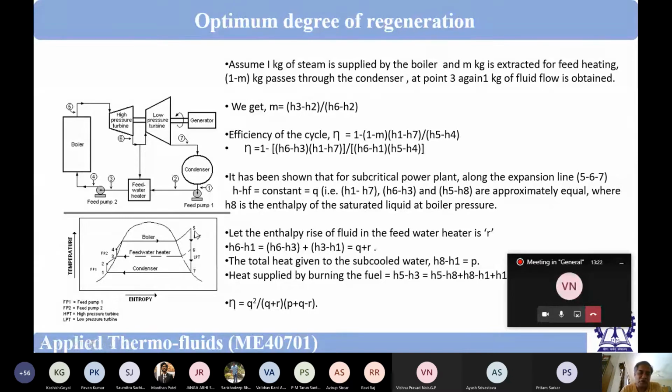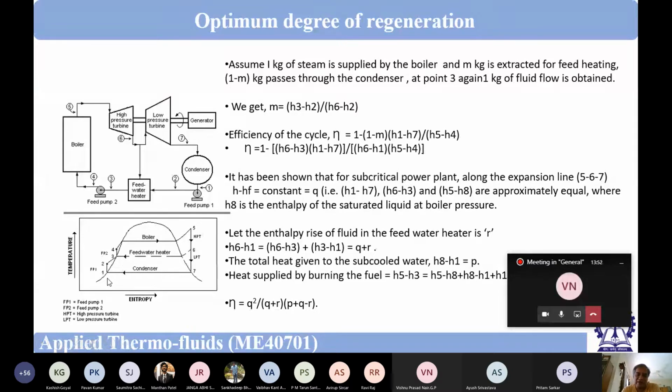What is H minus HF? It will be H5 minus H8 is equal to H6 minus H3 is equal to H7 minus H1, that is equal to Q.